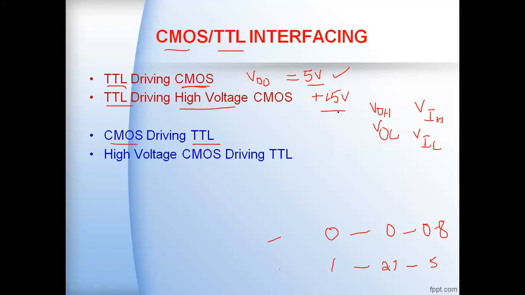They are operating up to 15 volts of input voltages. Now the second possibility is that the CMOS is the driver circuit and the TTL is the load circuit. So now the CMOS outputs drive the TTL inputs, and in that condition, the high voltage CMOS are the driver circuits, and these high voltage CMOS circuits can drive the TTL inputs here.